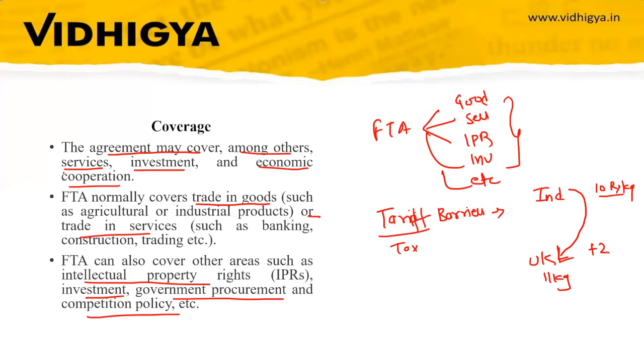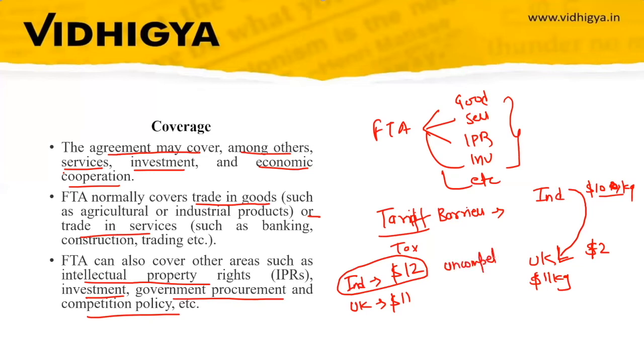Let's not take rupees, let's take dollars. It is $10, and here it is $11, for example. So UK imposes $2 on the Indian product. So the Indian product becomes $12 and the UK product is $11. This way, the Indian product in the UK market becomes uncompetitive.